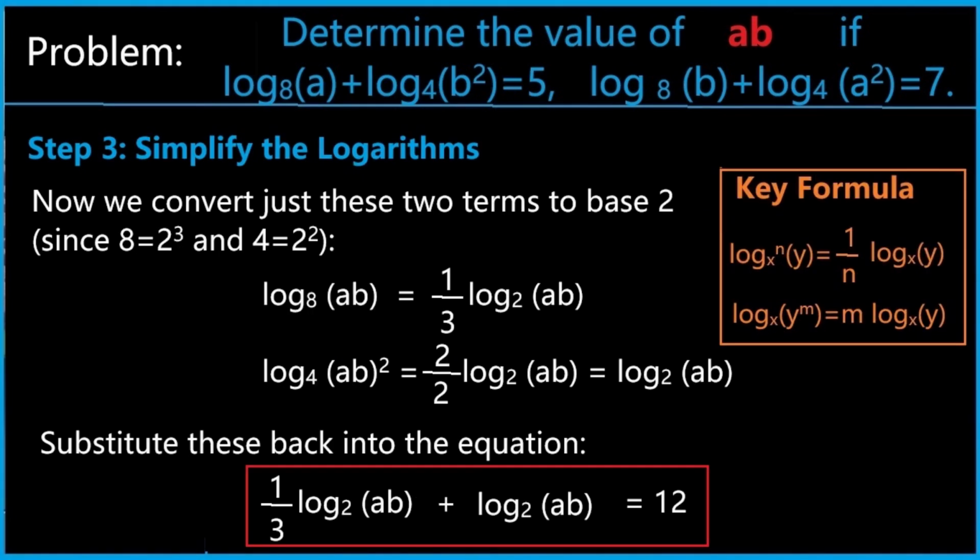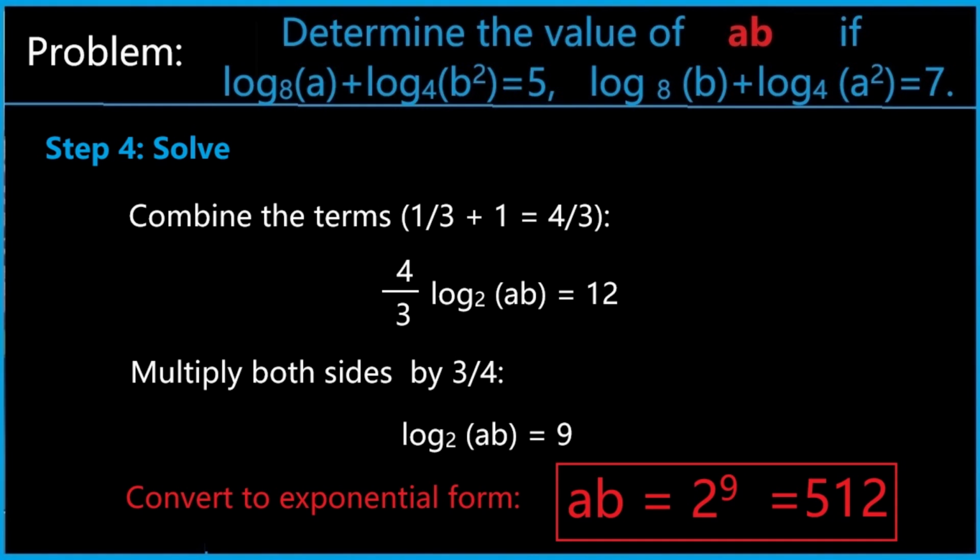Step 3. Simplify the logarithms. Since 8 and 4 are both powers of 2, we convert only these two logarithms to base 2. After converting, substitute the simplified expressions back into the equation. Now both terms appear in base 2, as shown on the screen. Step 4. Solve.